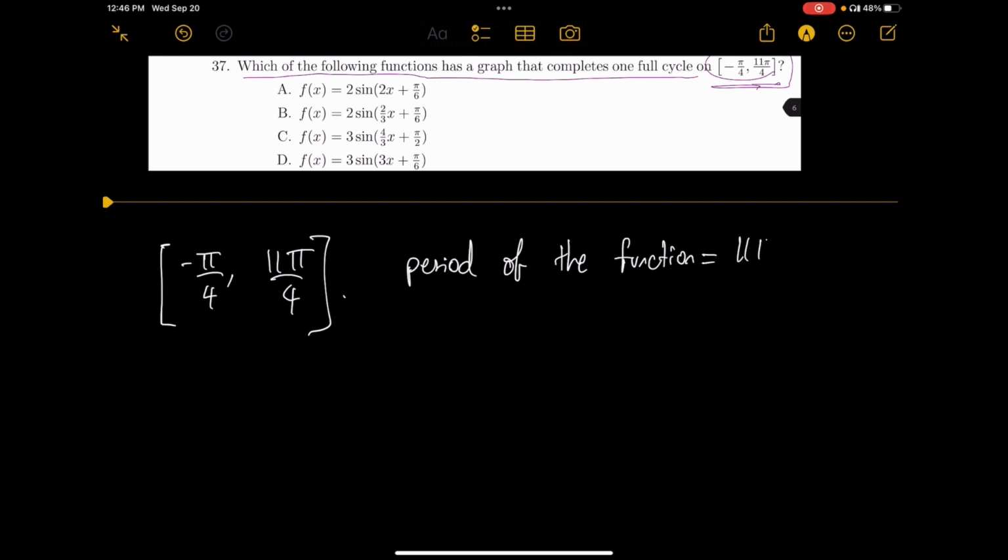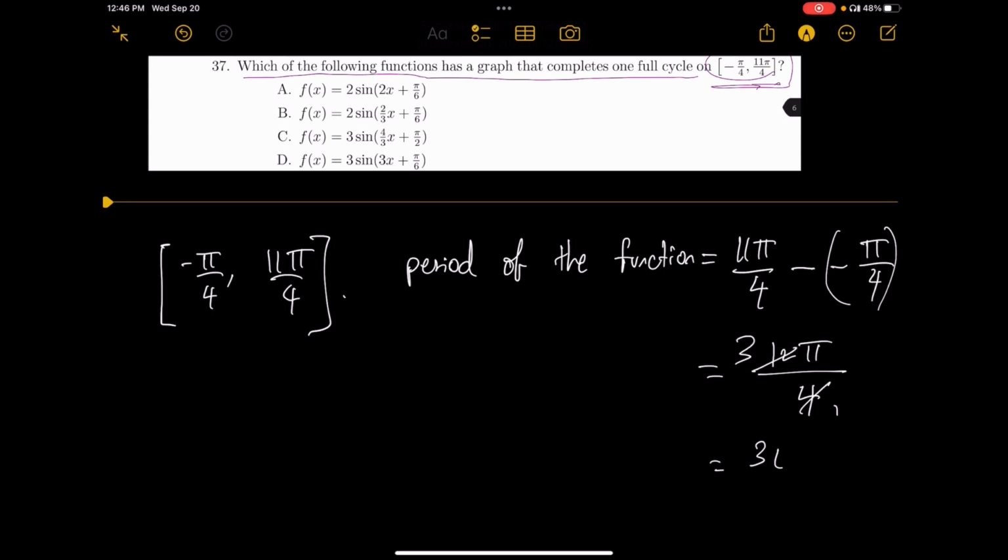The period of the function is 11 pi over 4 minus pi over 4, that means 12 pi over 4, which is 3 pi. So the period of the function is 3 pi.